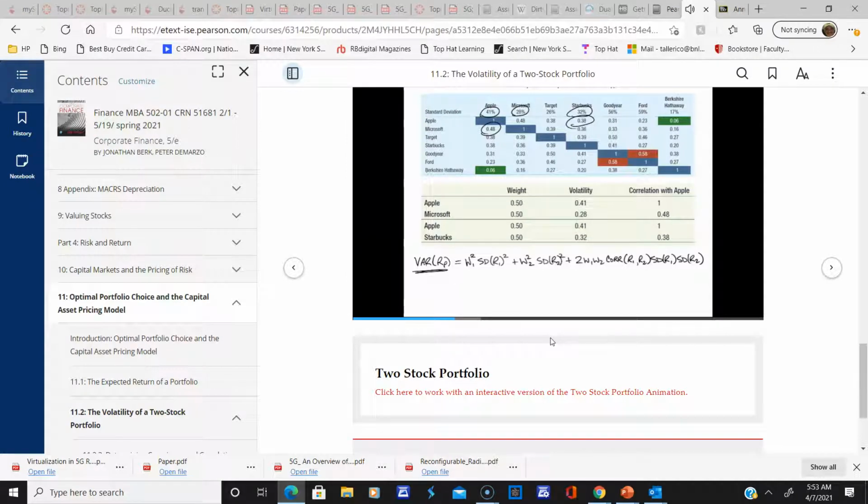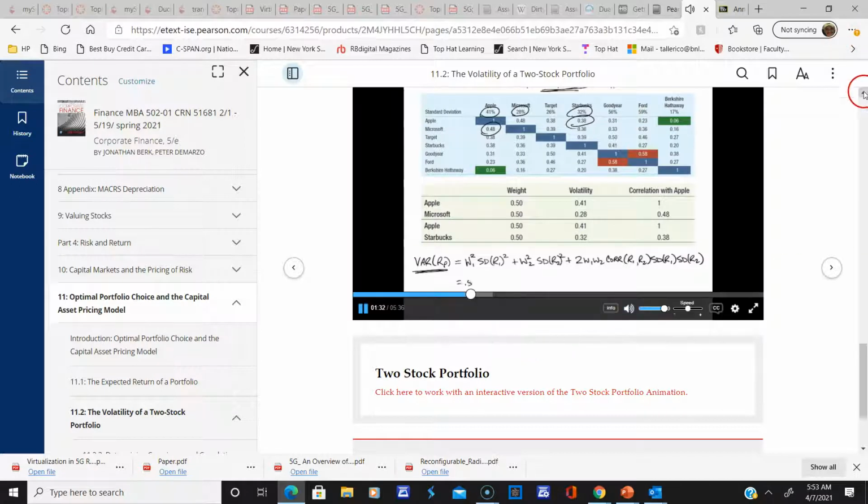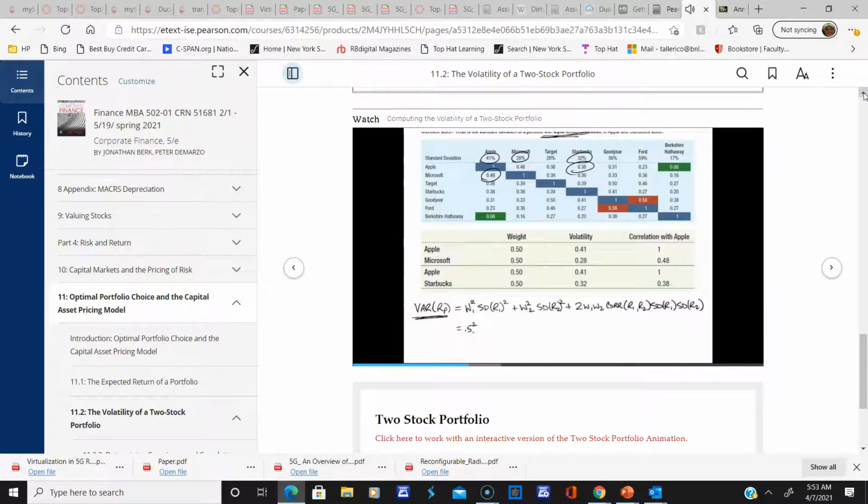And the portfolios are equal weighted, equal amounts. So we know our weights are going to be 50%. If we plug everything in here, we've got 50% in Apple, and then we put in the standard deviation of Apple, which we just figured out was 41%. And then we've got 50% in Microsoft. 28% is its standard deviation.